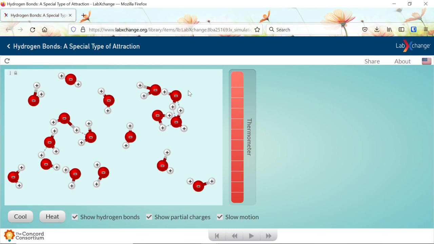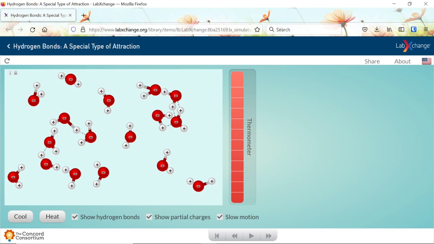Here we have a bunch of water molecules, and it's not moving right now, and you can see these little dashed gray lines are our hydrogen bonds, okay? And then we have our partial positive hydrogens and our partial negative oxygens, and that's where that hydrogen bond is interacting.